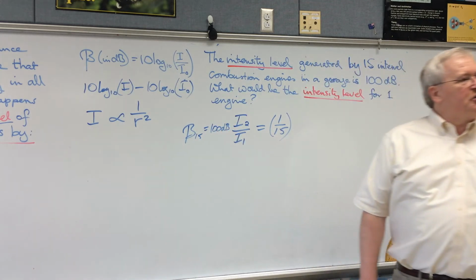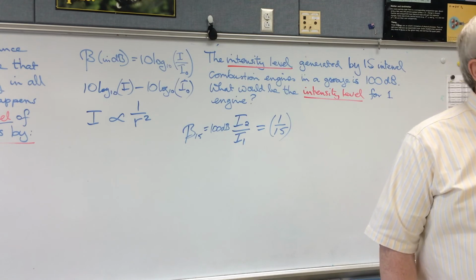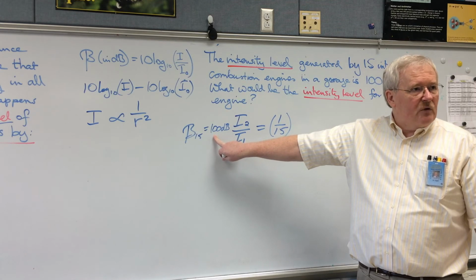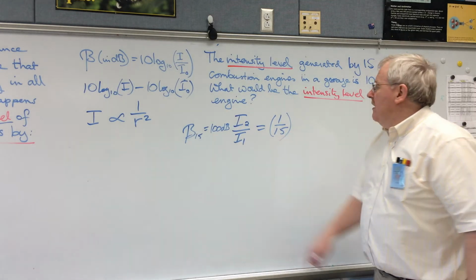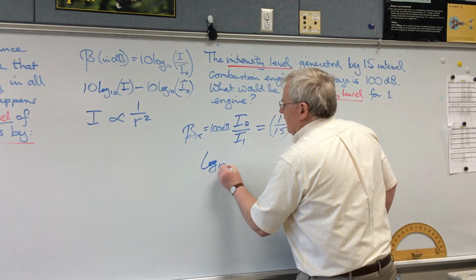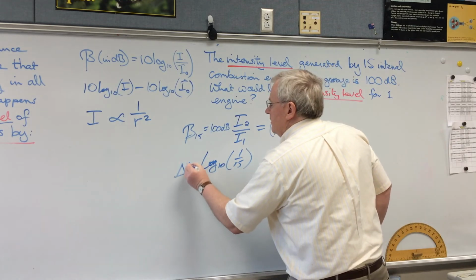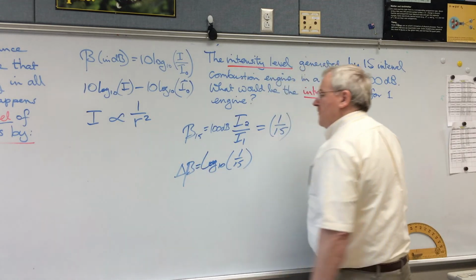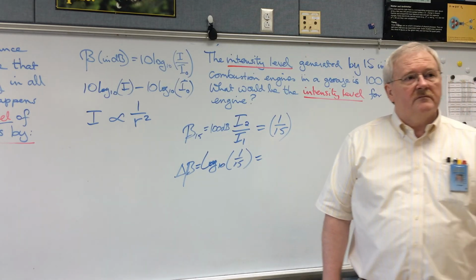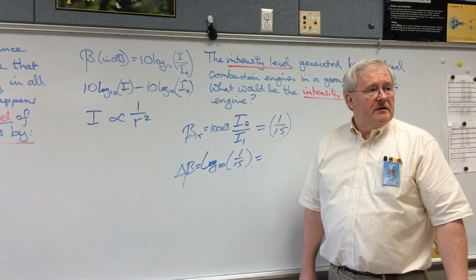So if we can find the change in dBs, we can take it away from this to get the actual intensity level. So I put this back in here. I say 10 log to the base 10 of 1 over 15 is delta beta, and that's equal to what? Who's going to tell me? Speak up.